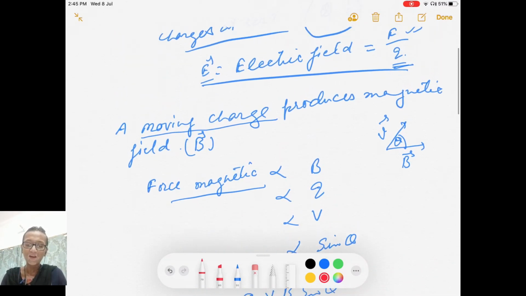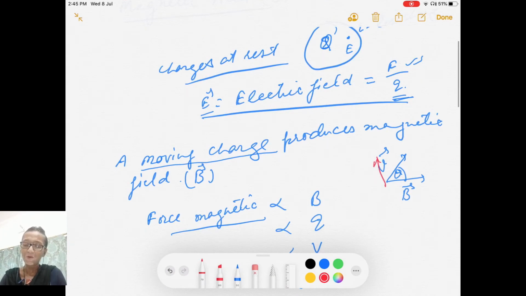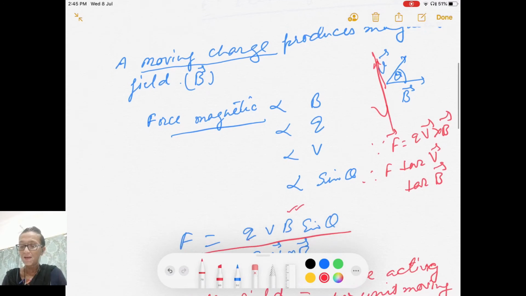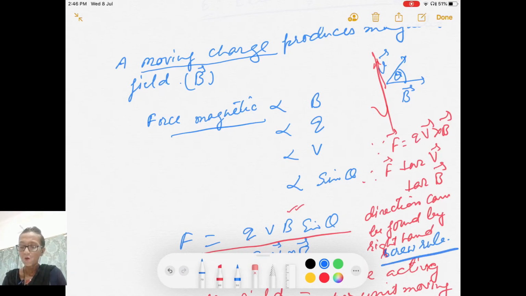Now since it is a vector product of two vectors, force will be perpendicular to both V and B, since F is equal to Q V cross B. Therefore force is perpendicular to V and perpendicular to B, and its direction can be found by the right hand screw rule.